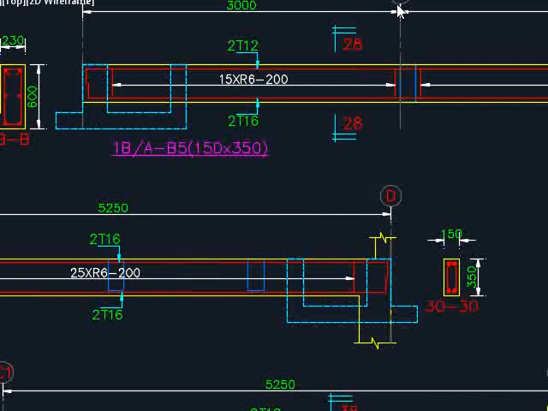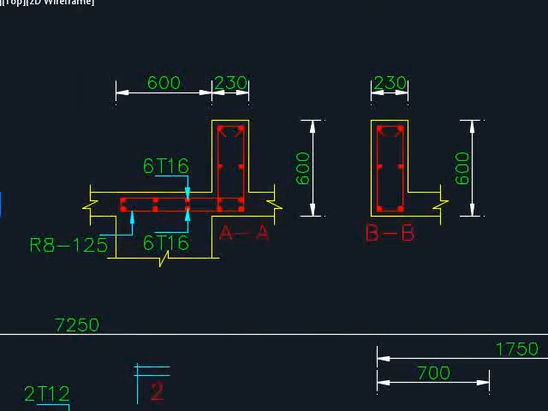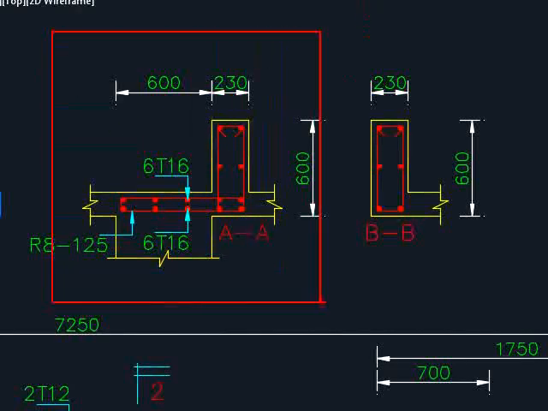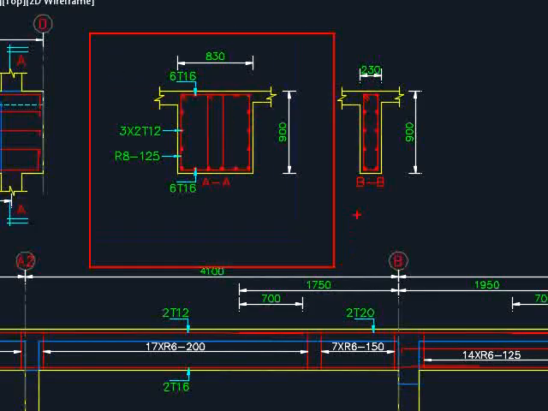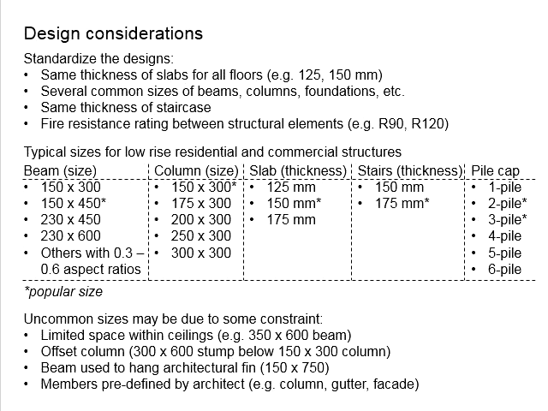This is one of the examples, where you see there is a gutter here plus the architectural thing, which needs to be properly indicated while you are presenting the detailing of the structures. For example, this one, quite an awkward design, or something like this, and others.